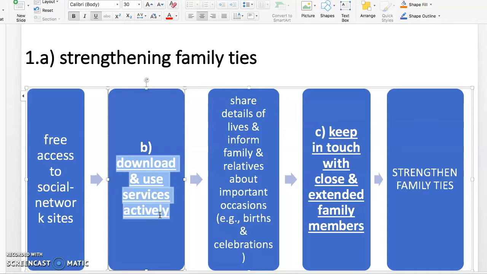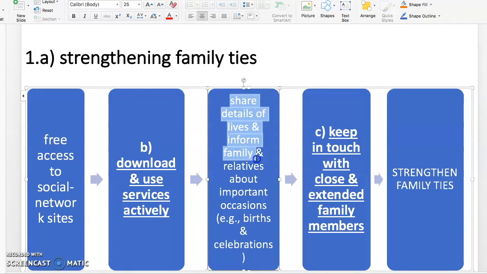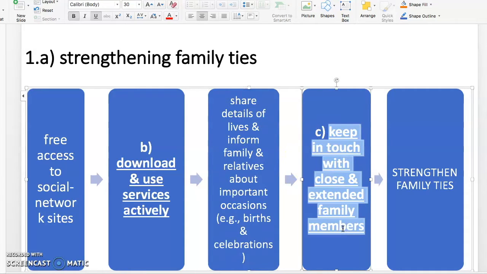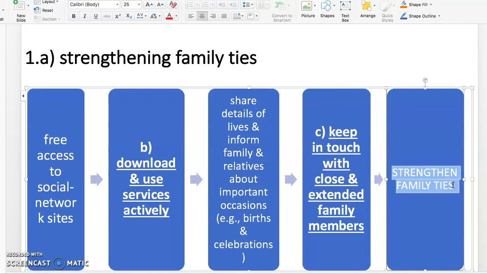Then what happens? What happens when they download and use services actively? They share details of their lives, inform family and relatives about important occasions such as births and celebrations. So, then what happens? They keep in touch with close and extended family members. As a result, they strengthen family ties.